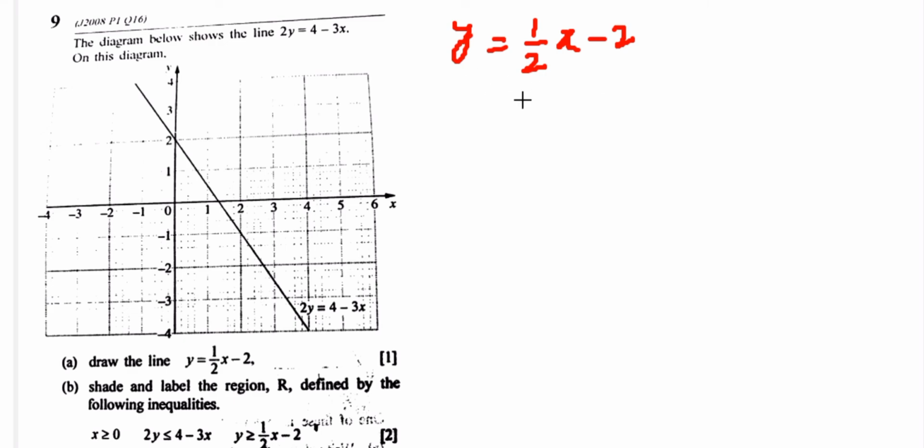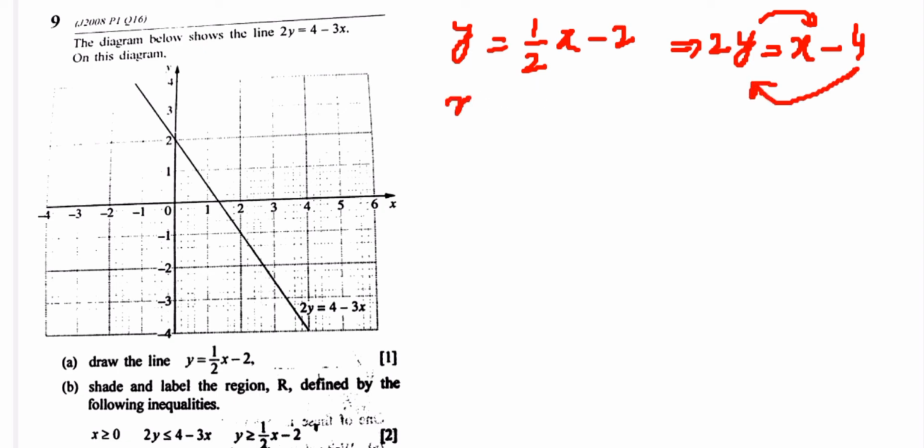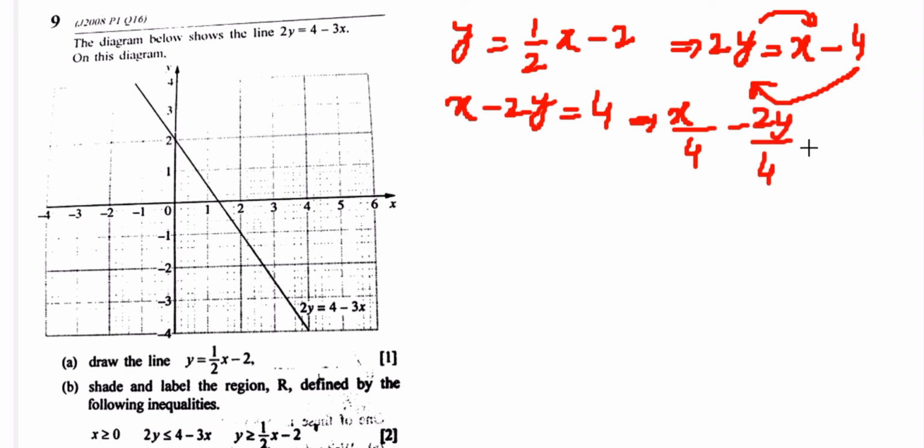If we multiply this equation by 2 on both sides, we get 2y is equal to x minus 4. By shifting 2y to the right side and 4 to the left side, we have x minus 2y is equal to 4. Dividing both sides by 4, we have x by 4 minus 2y by 4 is equal to 4 over 4.